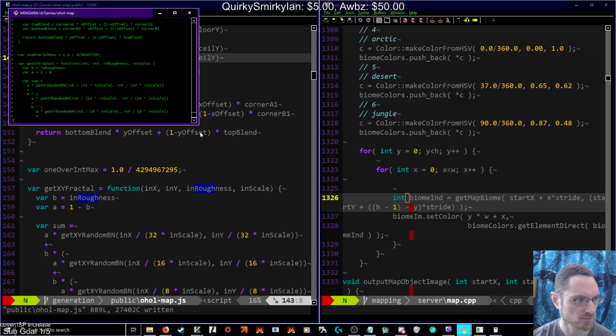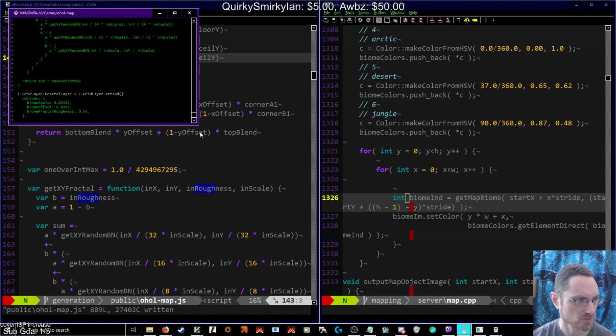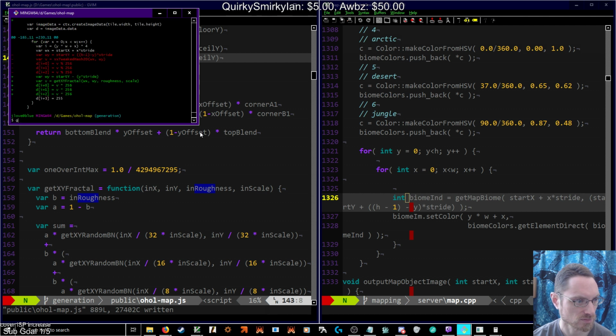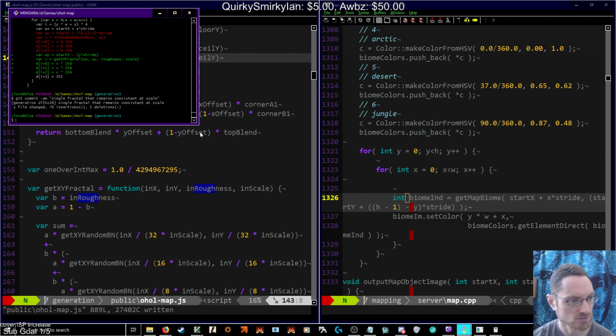Yeah, I should have checkpointed at BN. Single fractal that remains consistent at scale.